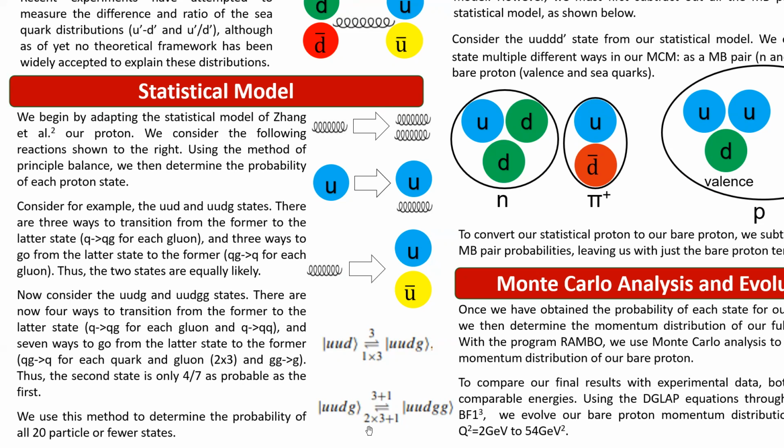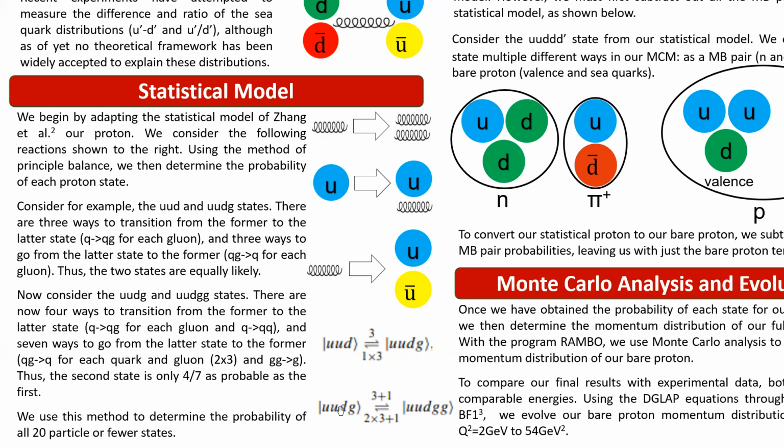But if we want to go from right to left, again, we have this gluon and quark combining to form only a gluon, and we can have that with the first gluon and these three quarks, that's three, or with the second gluon and these three quarks. So that's six possibilities, plus two gluons recombining. So that's 6 plus 1, so that's 7 possibilities to go the other way. And that means that this right state is 4/7 times as likely as this left state.